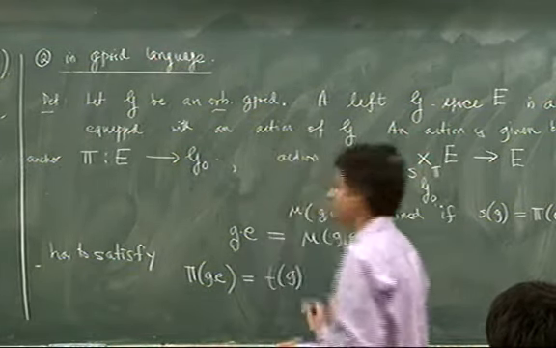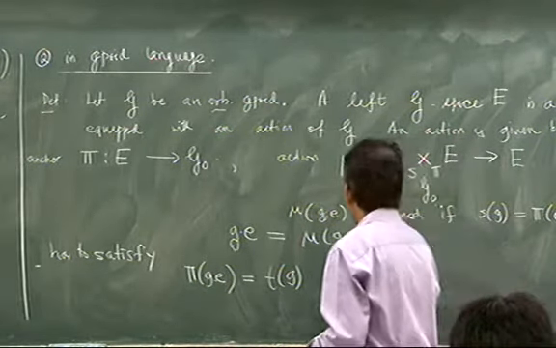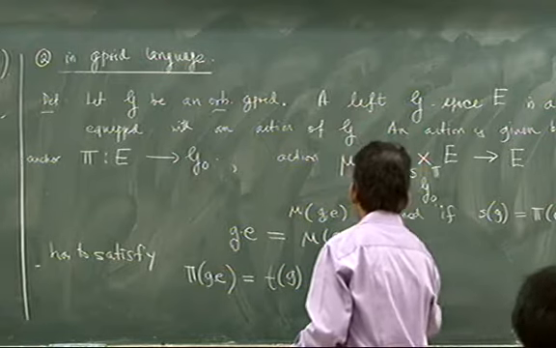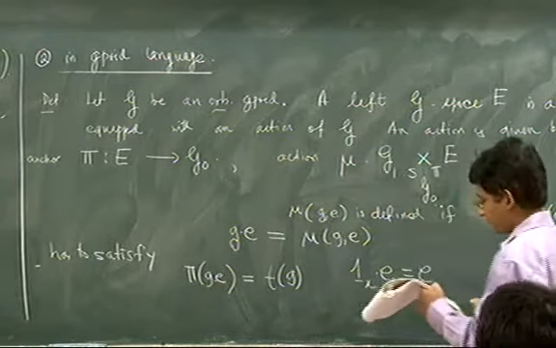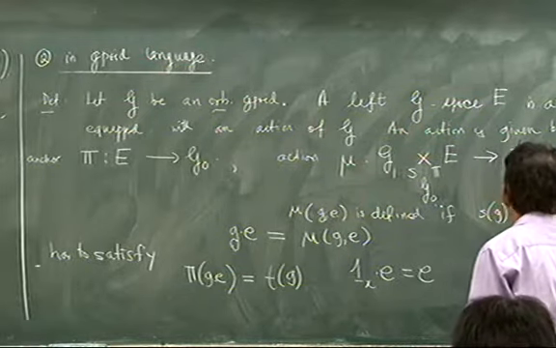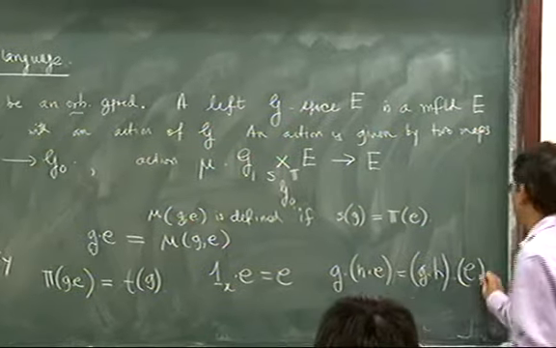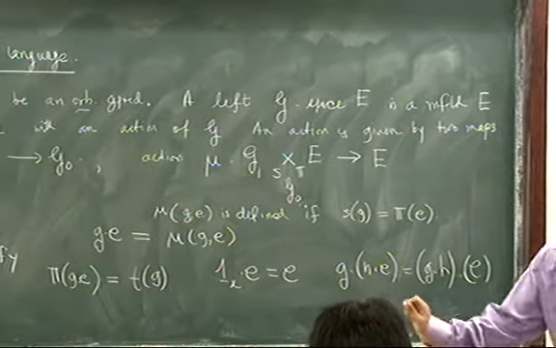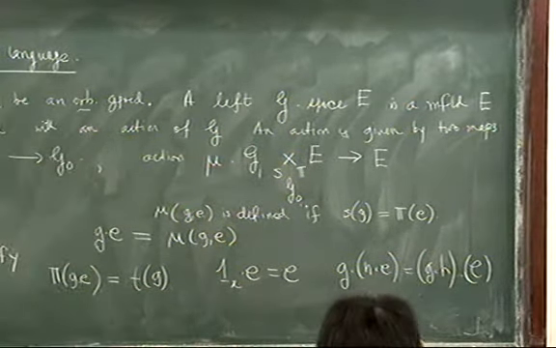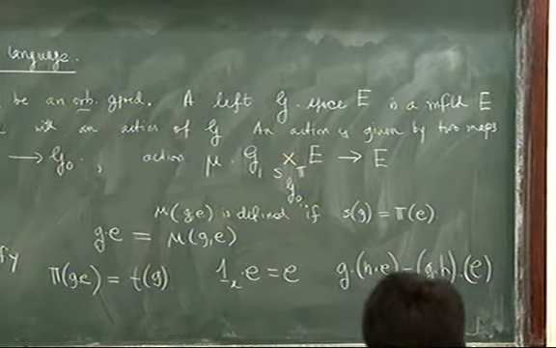The target of G. Right. 1x of E should be E. And G dot H dot E should be G dot H of E. So natural. Okay, so this is a general G space.